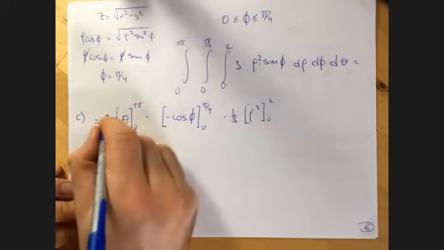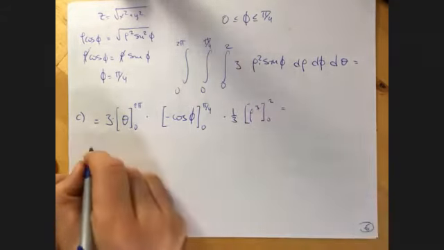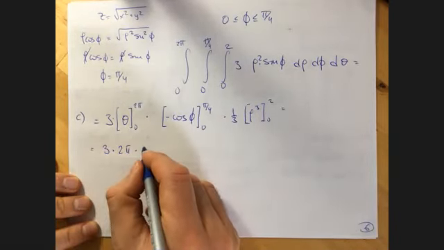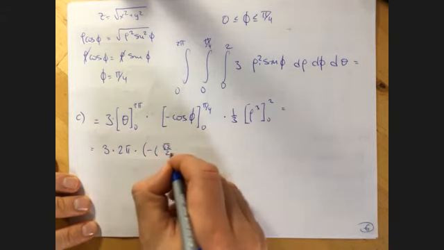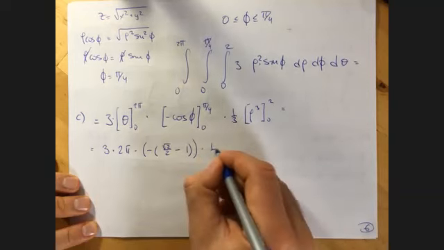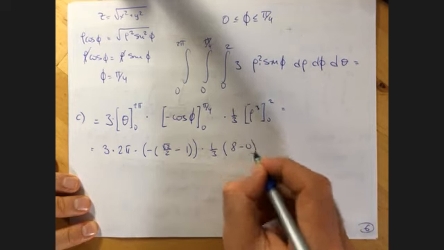Don't forget the constant at the beginning, 3, and then this is 3 times 2 pi times negative cosine of pi over 4, which is square root of 2 over 2, minus cosine of 0, which is 1, times 1/3. 2 cubed is 8 minus 0.